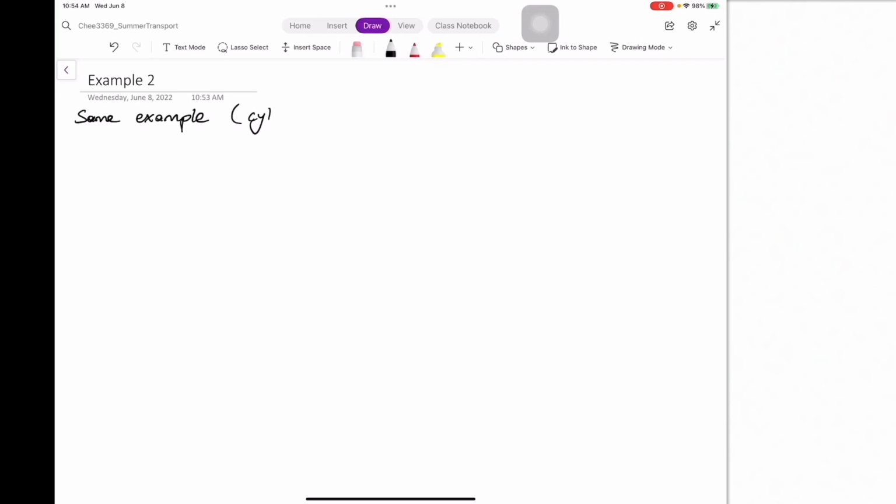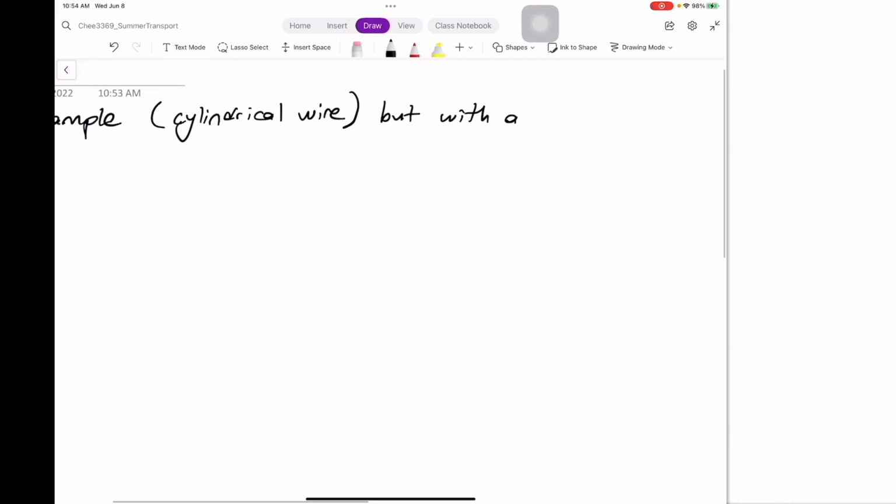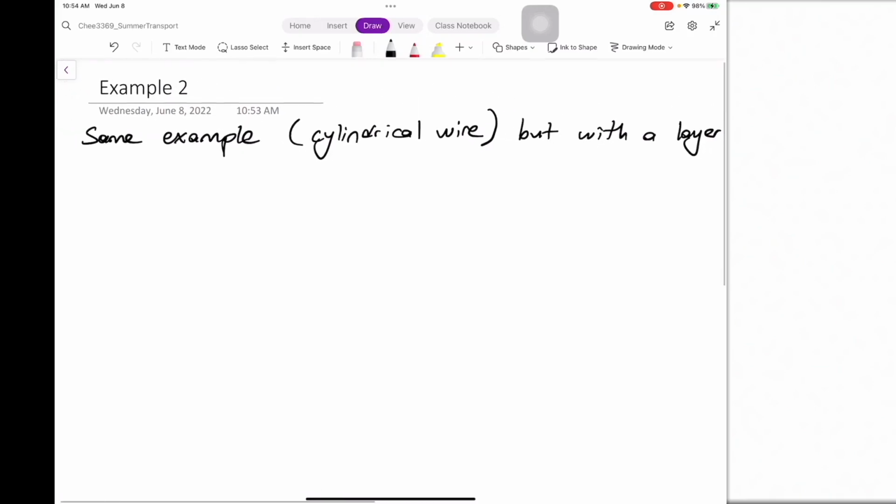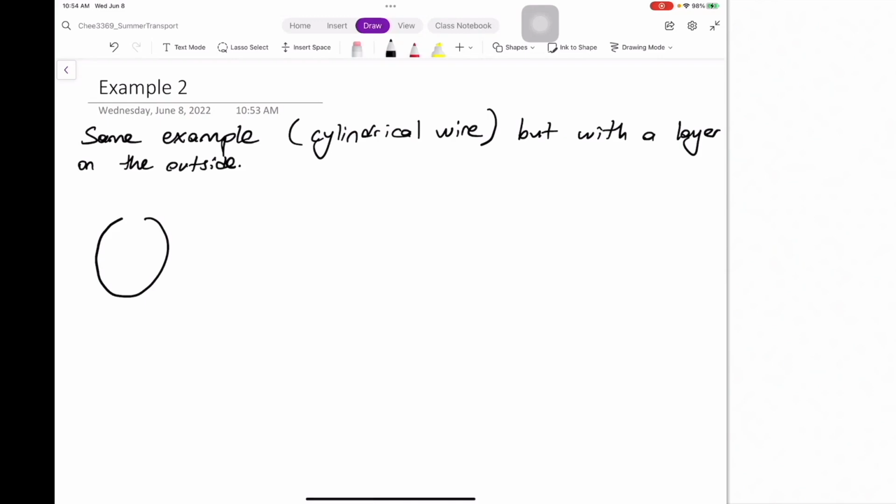Same example, the cylindrical wire, but with a layer of insulation on the outside. So your system is going to look as follows.